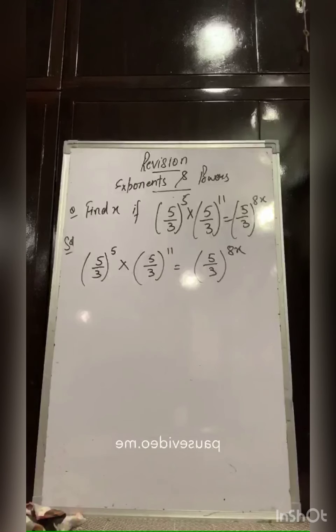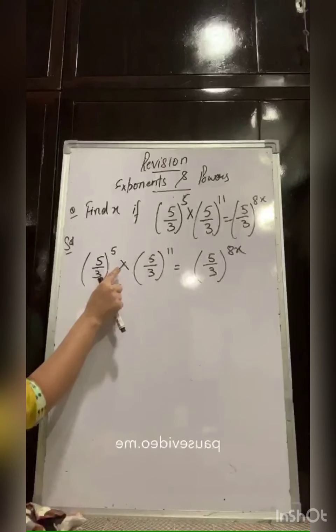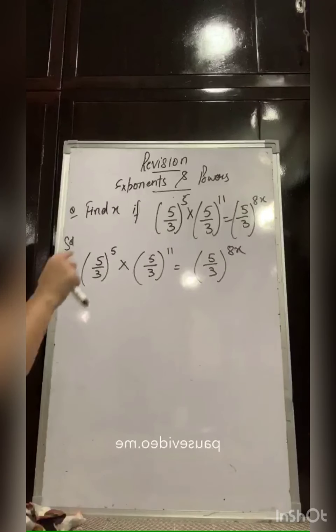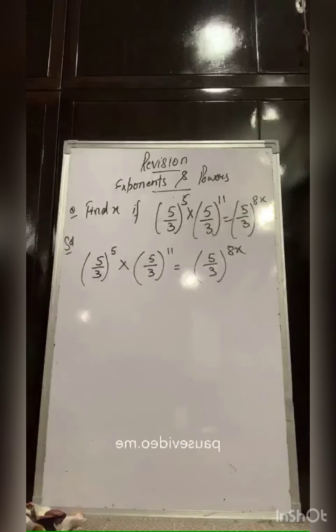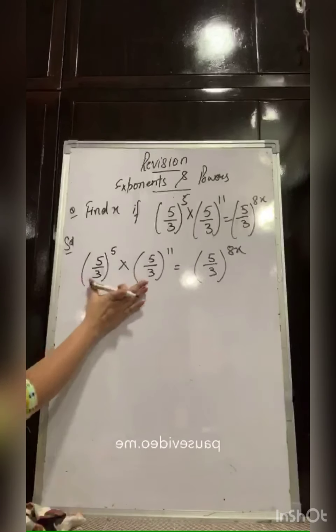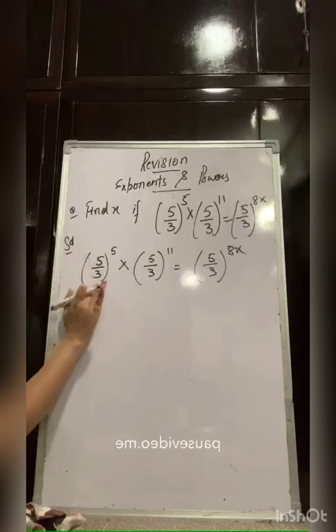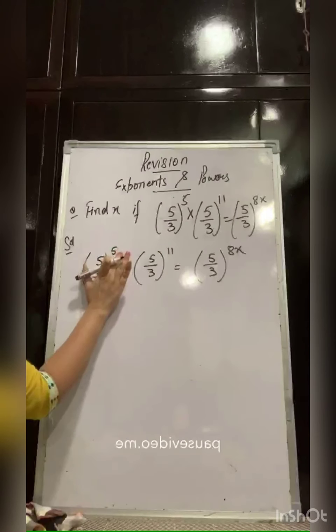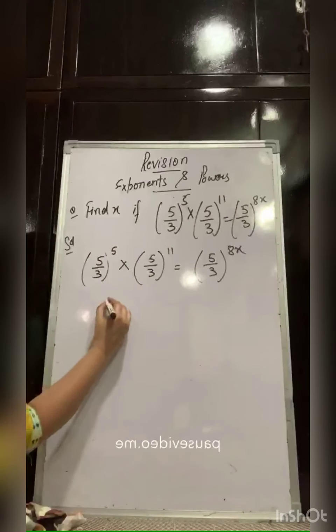Now, we have done one law that if the bases are same and there is a multiply sign in between, then the powers will be added. So again we can see here the same base, 5 by 3, 5 by 3, different powers, multiply sign.